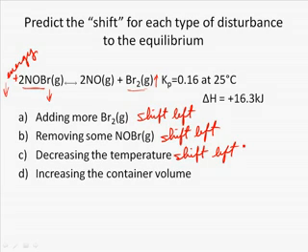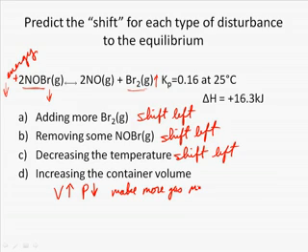And now increasing the container volume. I like to break this down into steps. So let's think about it. If I increase my container volume, that means my pressure is going to decrease. If the pressure is decreasing, how am I going to counteract that? I'm going to counteract that by making more gas molecules.